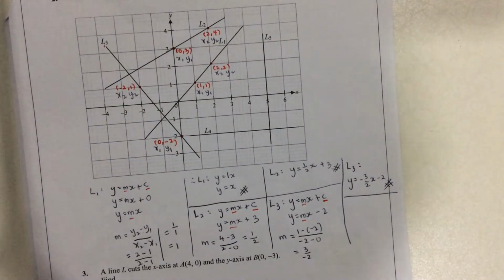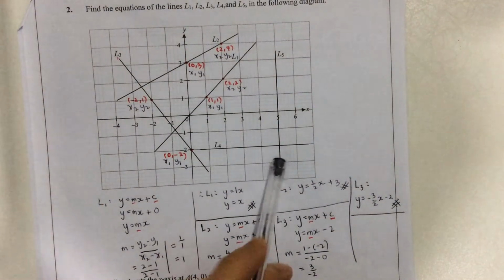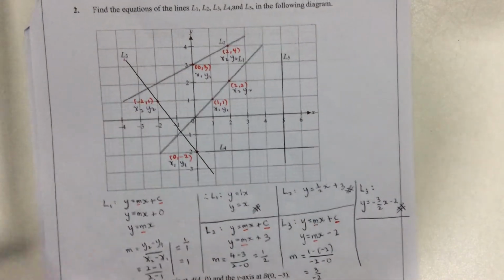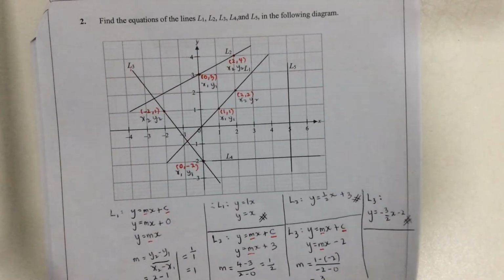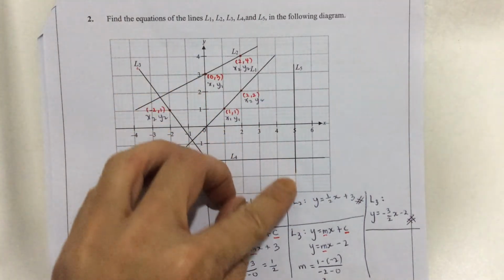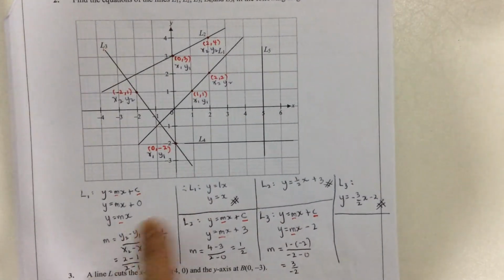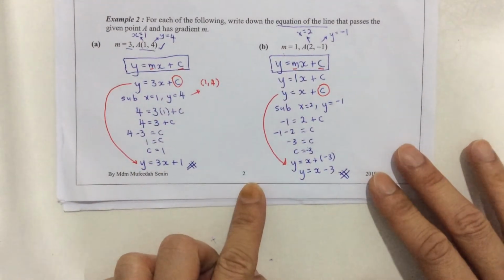Okay, for line 4, you can see that line 4 is a horizontal line, and we actually have an equation for that, and line 5 is a vertical line. So you don't have to use the method that we have. You can just refer to page number 2 of this section.